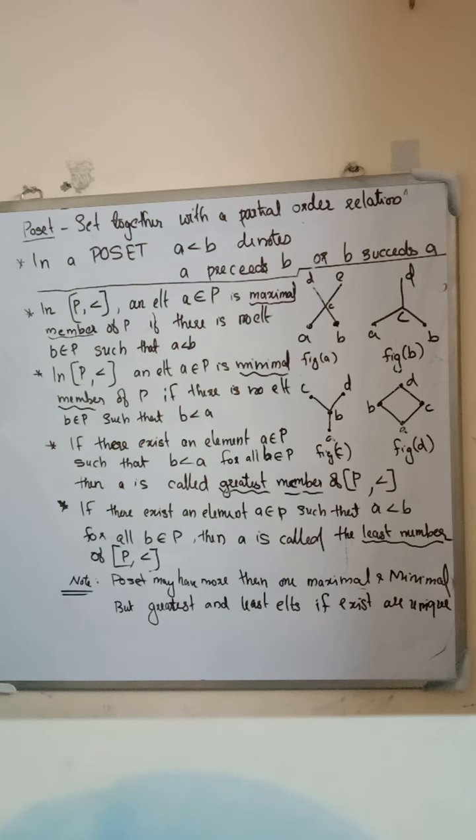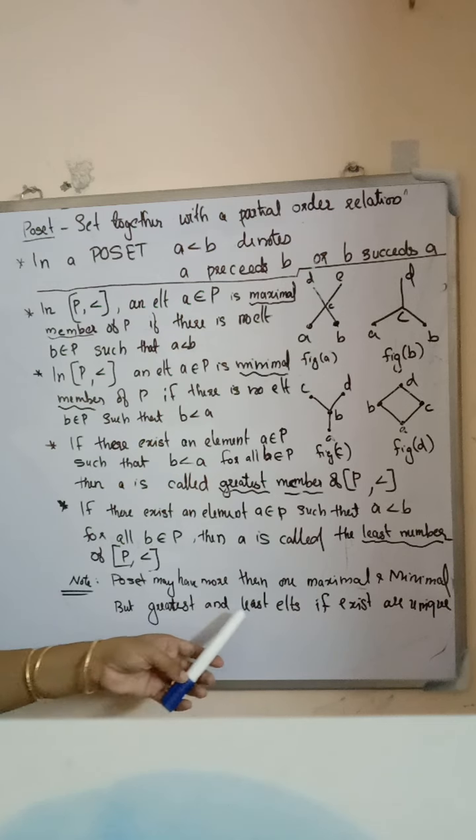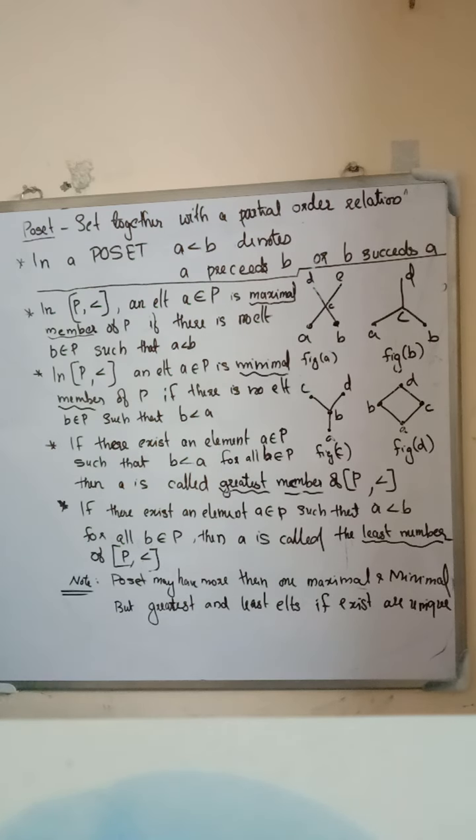But the existence of least and greatest elements has no guarantee. They may or may not exist. So the greatest and least element, if they exist, are unique.